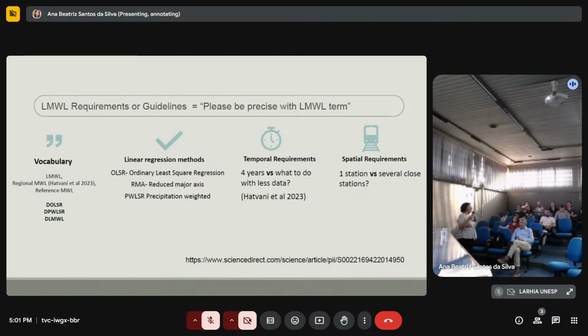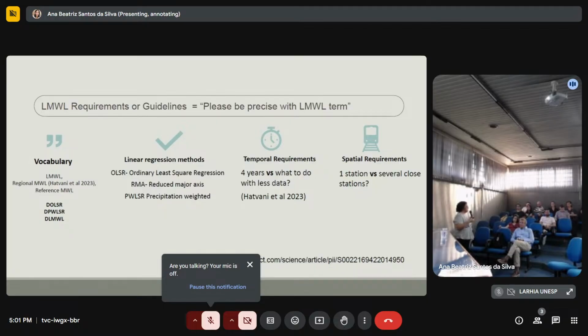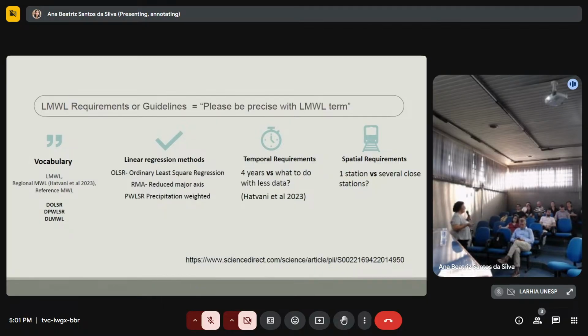If you refer to the local meteoric water line, the regression method, number of events, number of years, which years, and whether it was sampled by event or monthly, all this information needs to be aggregated in the documentation of the local meteoric water line.